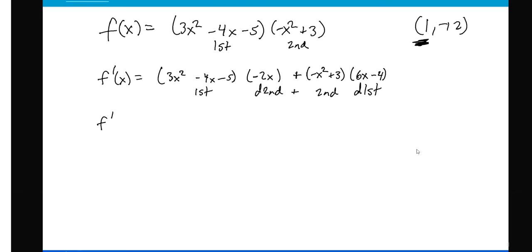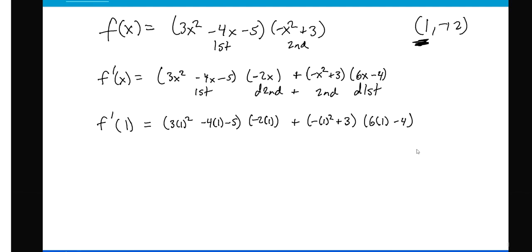That's really what a derivative is: the slope at a single point. So plug in 1 for all those x's. 3 times 1 squared minus 4 times 1 minus 5 times negative 2 times 1 plus negative 1 squared. Notice the negative sign's not squared there. Plus 3 times 6 times 1 minus 4.